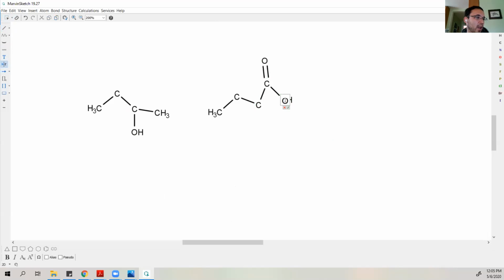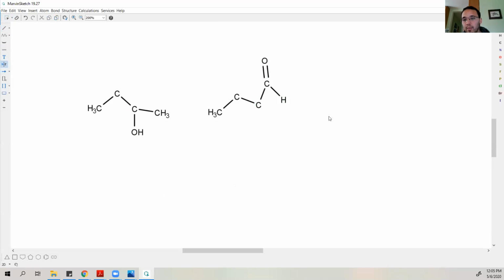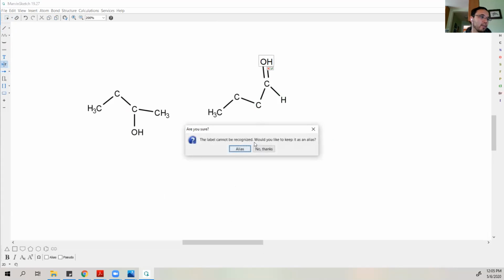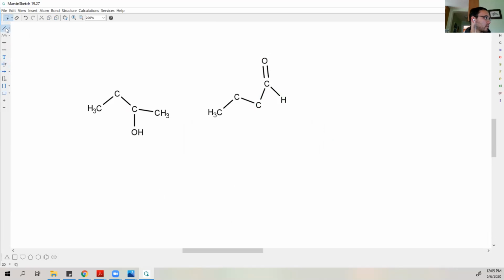And so this becomes a hydrogen. So what would this now become? What kind of functional group is that ending now? Aldehyde. An aldehyde. And so then if we reduce this further, this will become an alcohol.